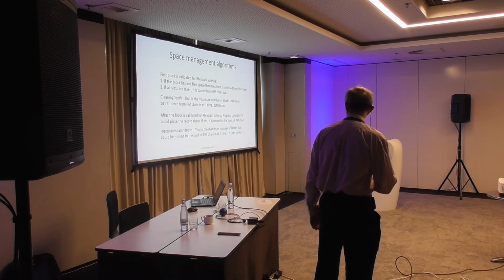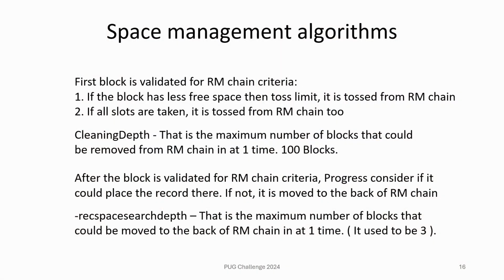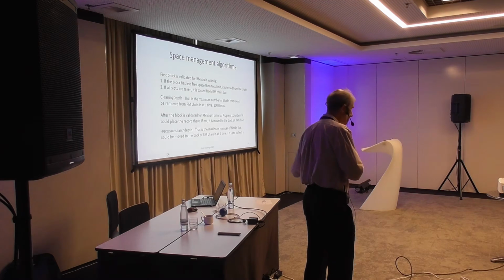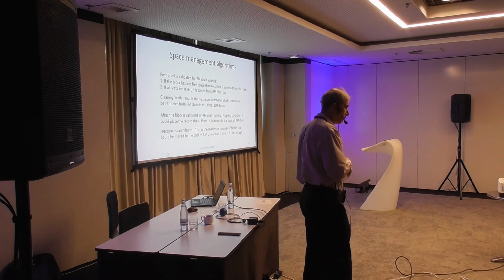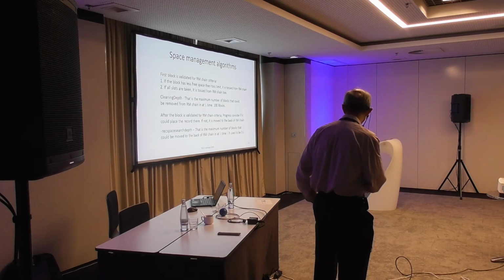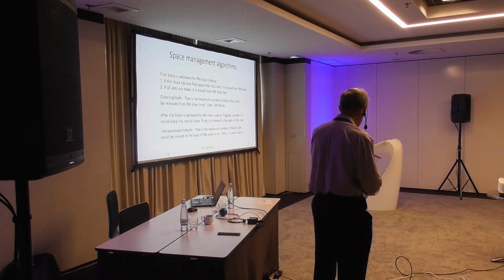So there is a limit, and this limit is controlled by this startup parameter. You may have seen it in the startup of the database. Unfortunately, this startup parameter is one for the whole database, and all the tables are different. They have different behavior, and they have different RM chains. So I believe that this parameter should be like toss limit and like create limit, per table, not one per the database. And back in version 8, it used to be just 3. So 3 blocks are allowed to move from front to back.